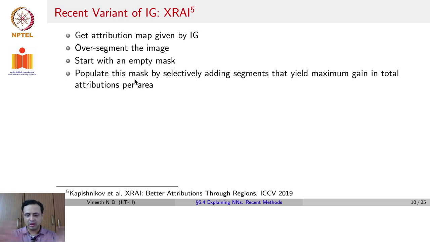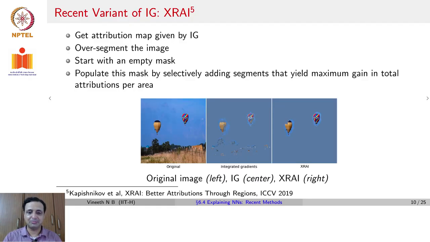So you have a number of segments in an image. You pick the segment which has the highest attribution among all its pixels in that segment. And that is the first segment that you're going to add as corresponding to a particular class. Remember, these attributions that you add into a segment are attributions with respect to a particular output or a particular class.